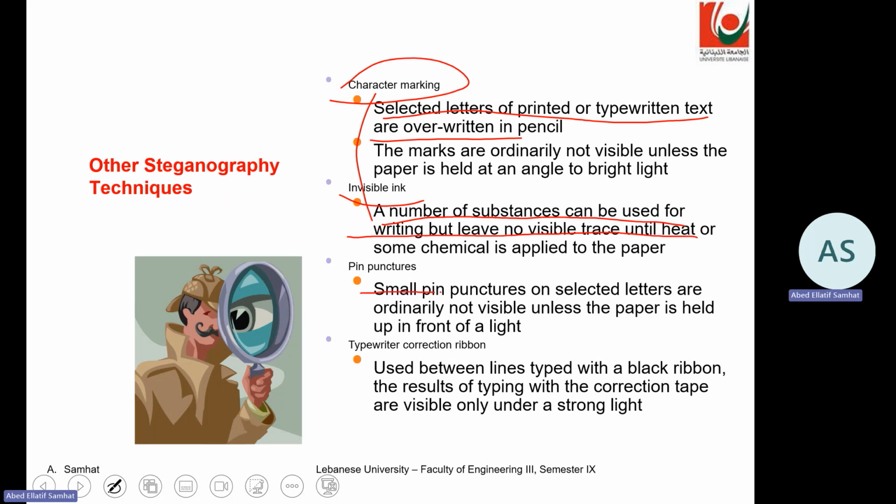Pin puncture: small pin punctures on selected letters are ordinarily not visible unless the paper is held up in front of a light. Those are different types of steganography. Or, for example, typewriter correction used between lines typed with a black ribbon. The result of typing with the correction tape is visible only under strong light. Something like this. All of these are called steganography.